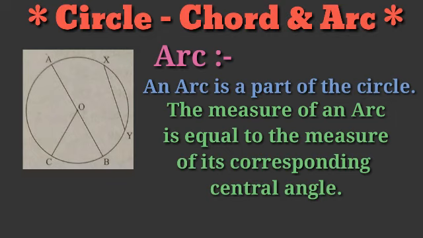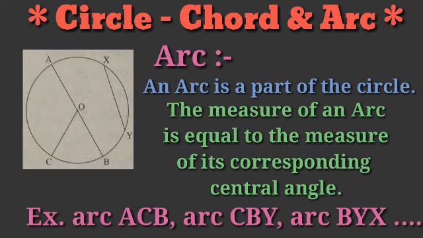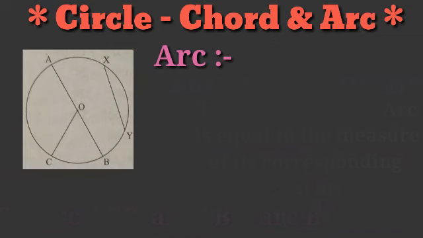Suppose for example in the figure, arc CB measurement is equal to the angle COB. Got it, students? Therefore, the examples of the arcs are arc ACB, arc CBY, as well as arc BYX. Like that way we can create many more arcs.